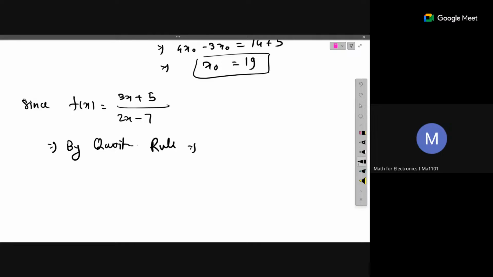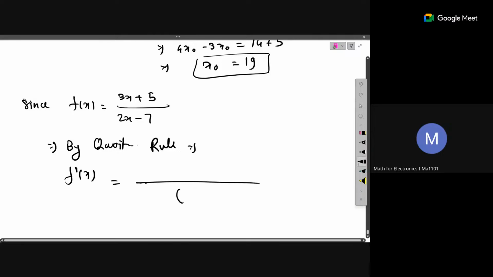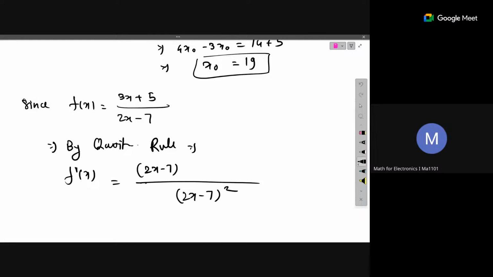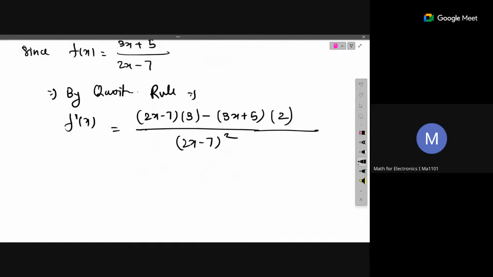By the quotient rule, we get f dash at x is equal to: the denominator squared, that means (2x minus 7) squared, in the denominator; in the numerator, the denominator as it is, 2x minus 7, times the differentiation of the numerator, which is 3, and then minus the numerator, 3x plus 5, times the differentiation of the denominator, which is 2. Now we solve this.